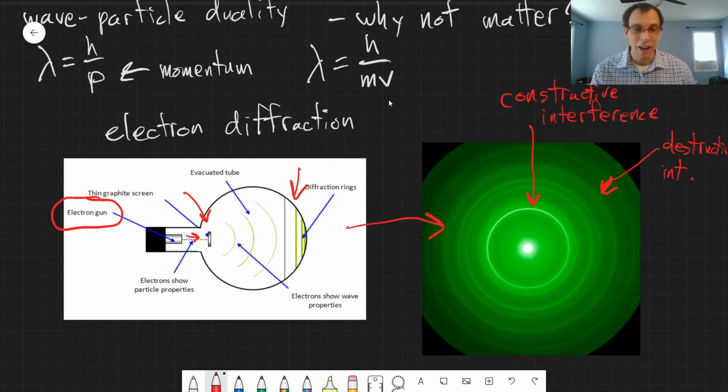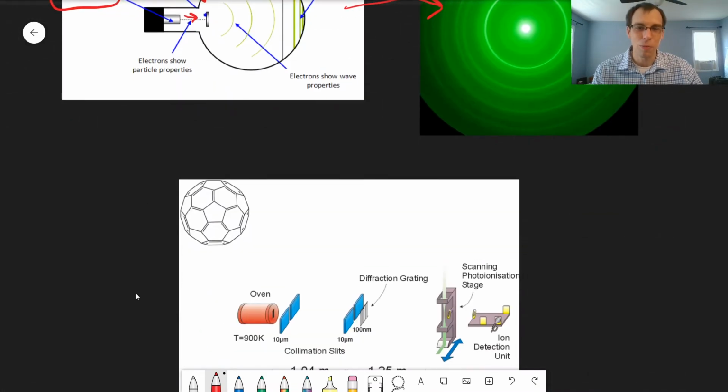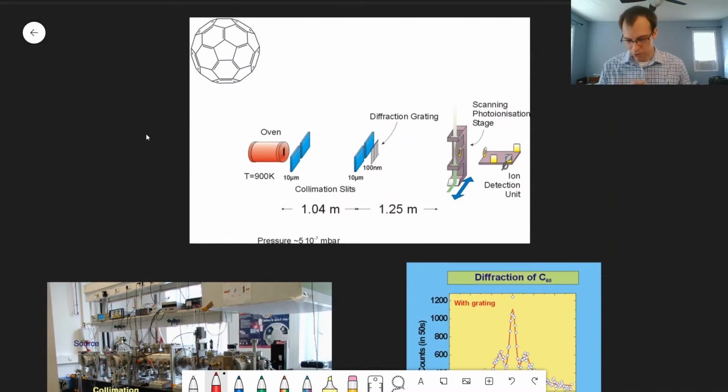A more dramatic example of this, and one that's near and dear to my heart, because it's a molecule I studied in graduate school, is that it's been shown that this even works for something as large as C60. C60 is a molecule known as Buckminsterfullerene. This is the structure of it here. It's basically shaped like a soccer ball with carbon atoms at all the vertices. And so this is a heavy molecule, right?